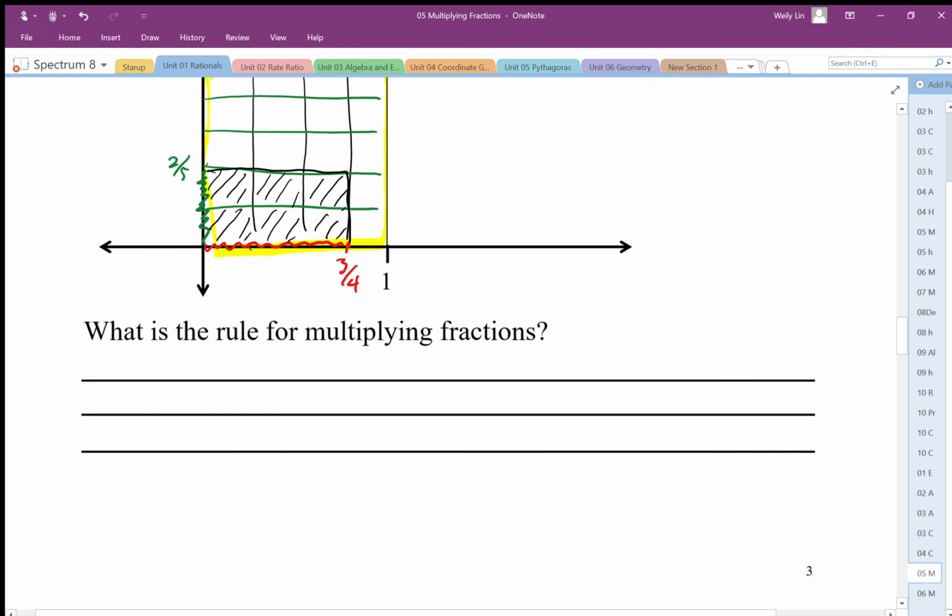I think we can use maybe this rule. It looks like we can do top times top, and we can do along the bottom, bottom times bottom.